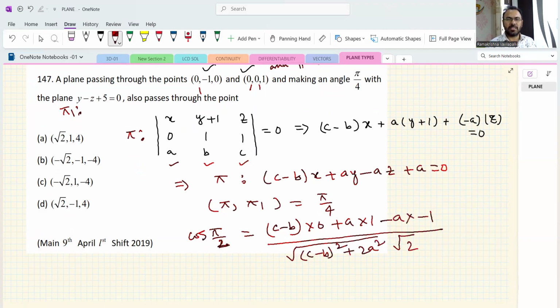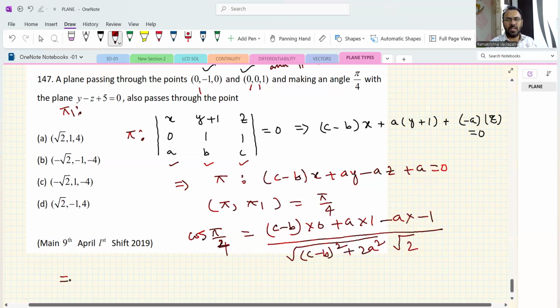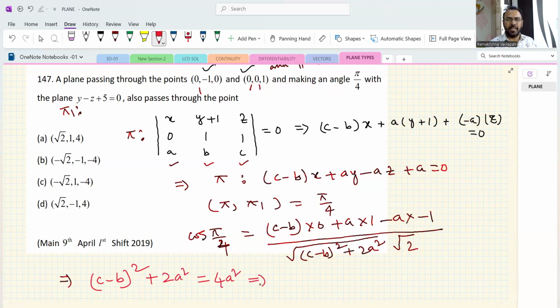Root 2 cancels. This is cos pi by 4. Now on squaring both sides, you will get c minus b whole square plus 2a square. On the RHS, you will get 4a square. This implies c minus b is equal to either root 2a or minus root 2a.